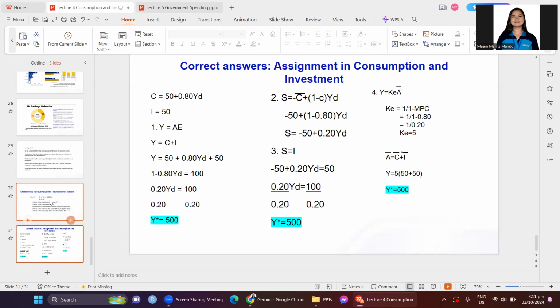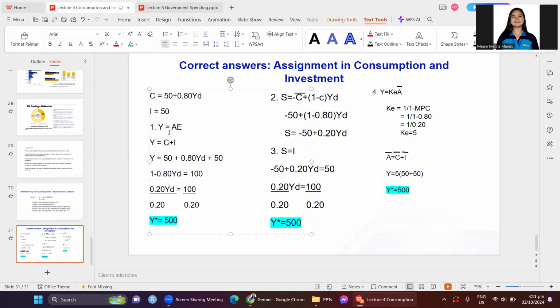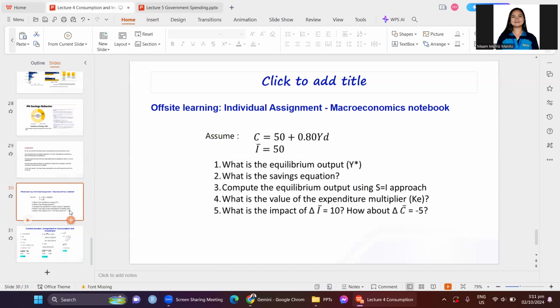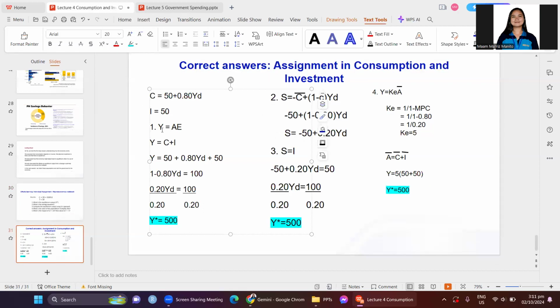What we'll be recapping is the first question, because in our discussion, the Y part, we just disregarded this and did not denote any value to it. Going back to the question: what is the equilibrium output? You can calculate it by using Y asterisk, the equilibrium output, equal to aggregate expenditure, and aggregate expenditure in this case is consumption plus investment.